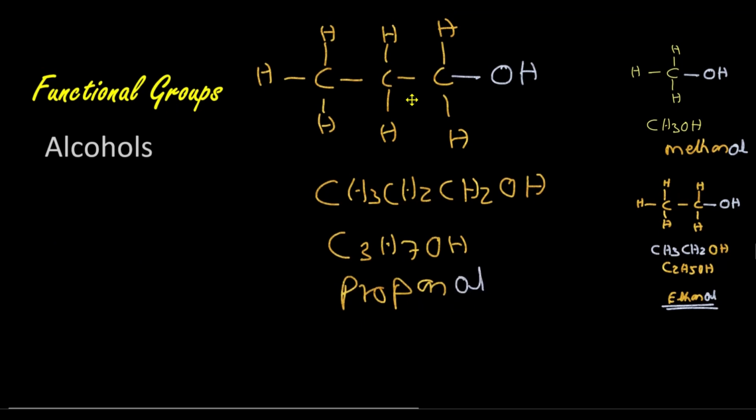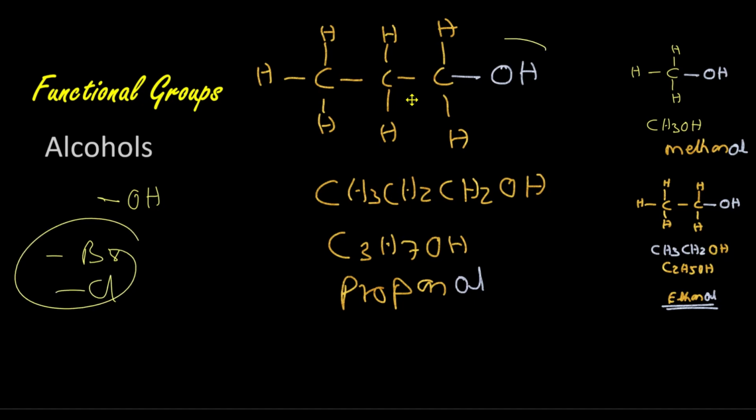The important thing to observe here is what? When we talk about the functional group, over here it is a group of atoms like OH. Sometimes it can be a single atom, heteroatoms we say, could be Cl and Br, which will substitute for hydrogen in the carbon chain and confer specific properties to the compound.